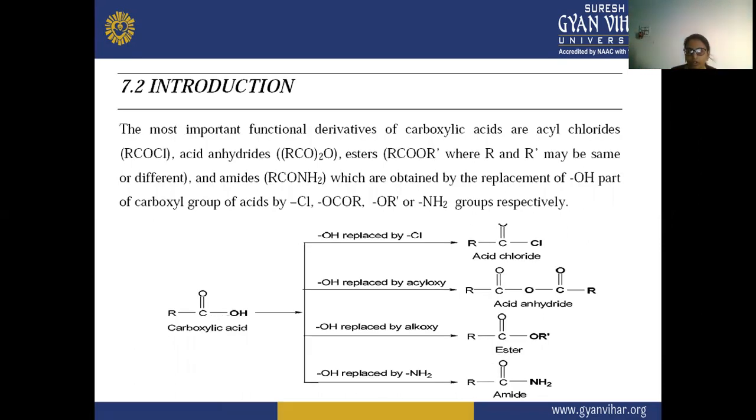Firstly, the introduction. I have already told you that the carboxylic acid is formed from two functional groups: the carbonyl part, and secondly the hydroxyl part. By the bonding of both of them, there is a formation of a new functional group, the carboxylic acid functional group.